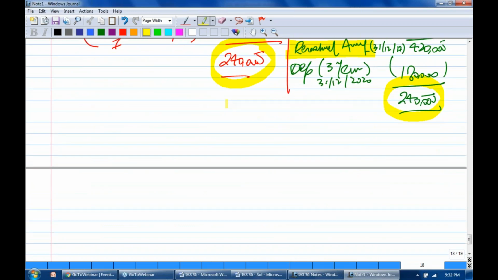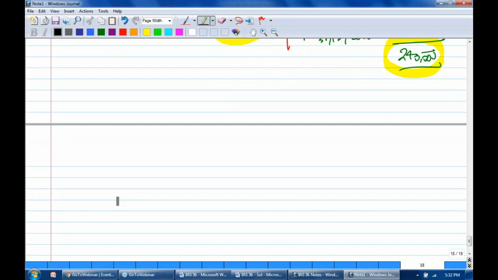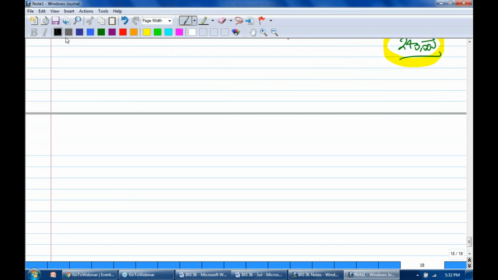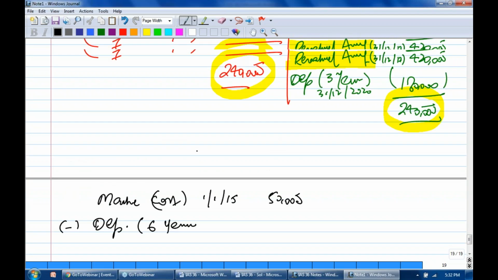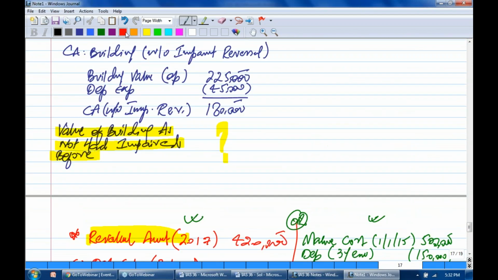Rather, we simply put the working in a manner that the machine cost on first January 2015 is 500,000, and we calculate the accumulated depreciation for 6 years, and we put the matter upon cost basis.